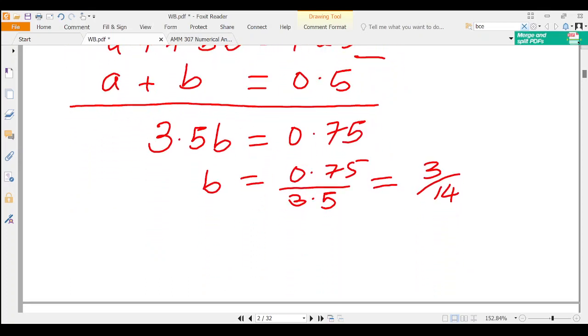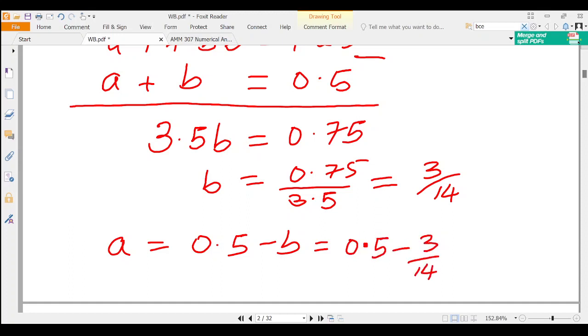Once I have the value of b, I can get a, which is 0.5 minus 3 over 14. A half can be expressed as 7 over 14, so 7 minus 3 is 4 over 14, or even 2 over 7. So a is equal to 2 over 7, and b is 3 over 14.